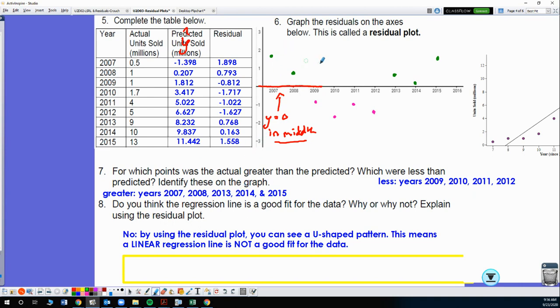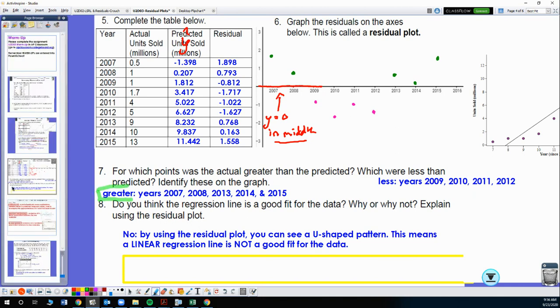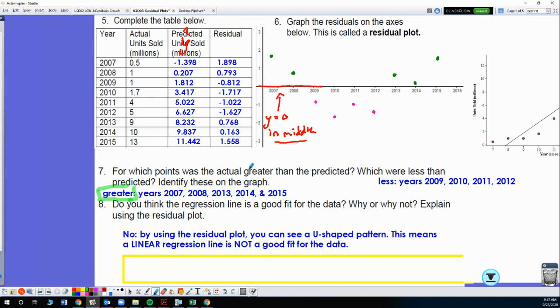So our positive residuals above are the years where the actual was greater than the prediction, right? So in 2007, our actual was greater. In 2008, in 2013, 14, and 15, our actual values were greater than the predicted.